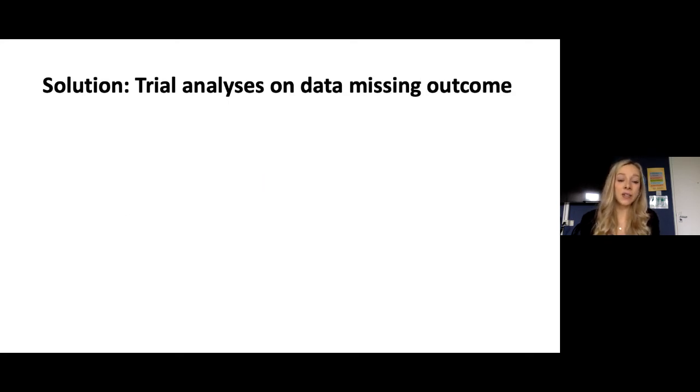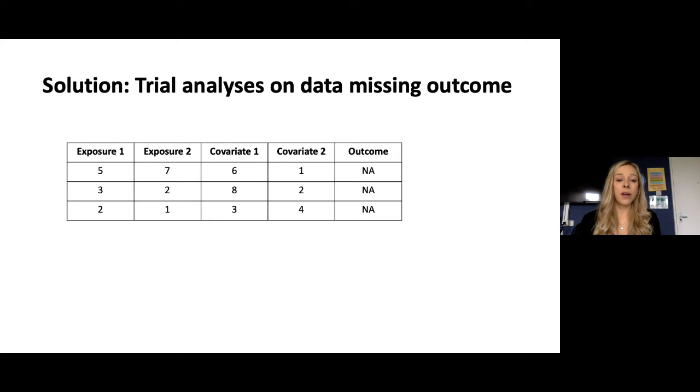And this is basically to do something really similar, but to trial analyses on a data set missing the outcome variable. So, for example, a data manager could send the researcher a data set with information on the exposure variables and the covariates, but no data on the outcome.